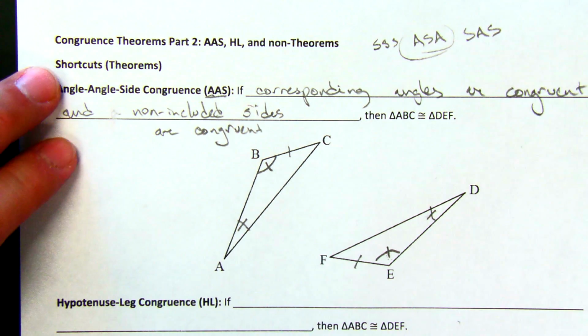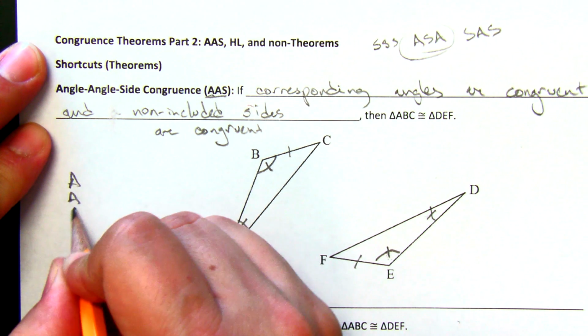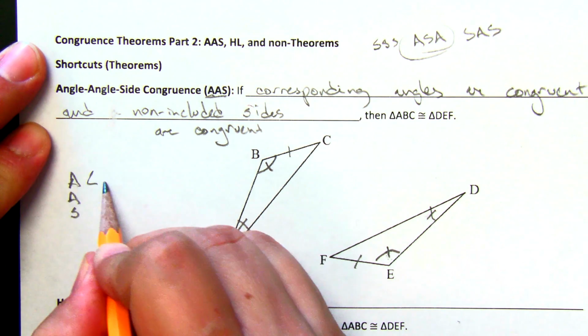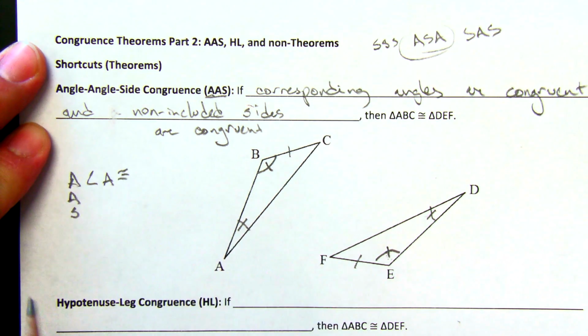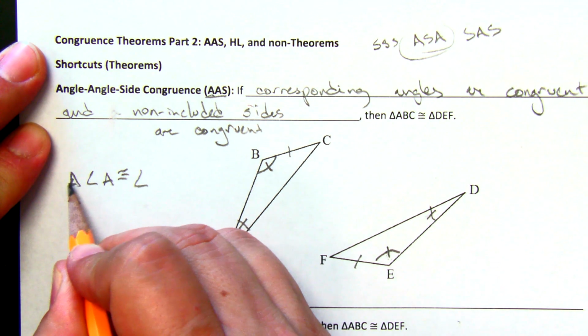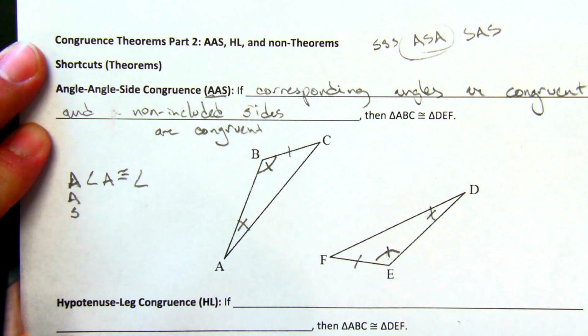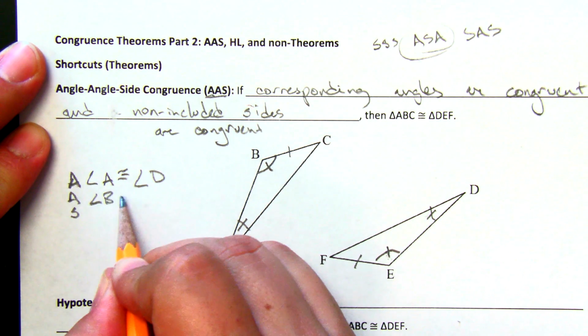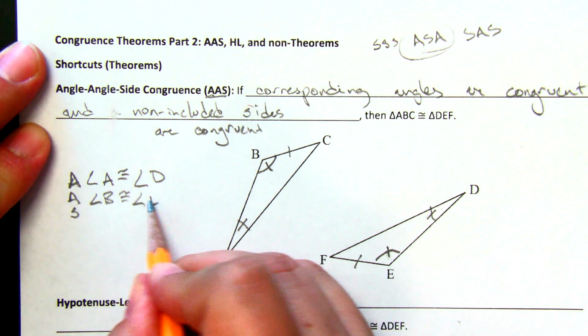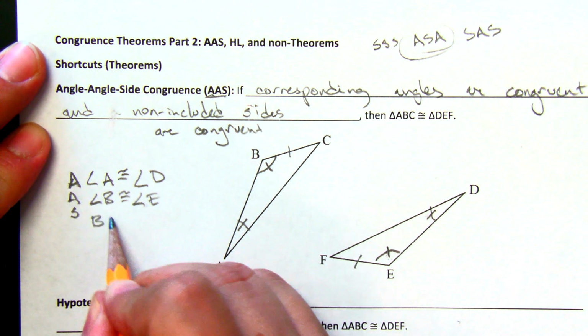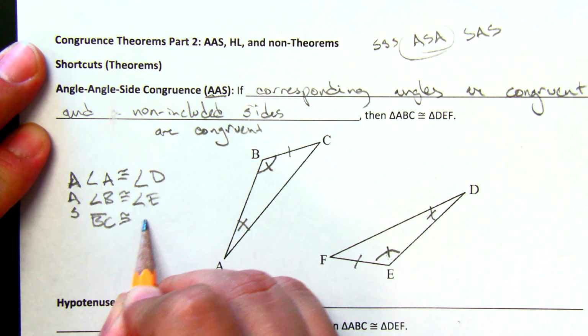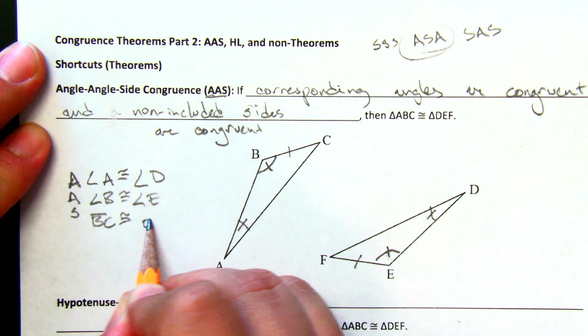So, AAS: angle A is congruent to angle D, angle B is congruent to angle E, and BC is congruent to EF.